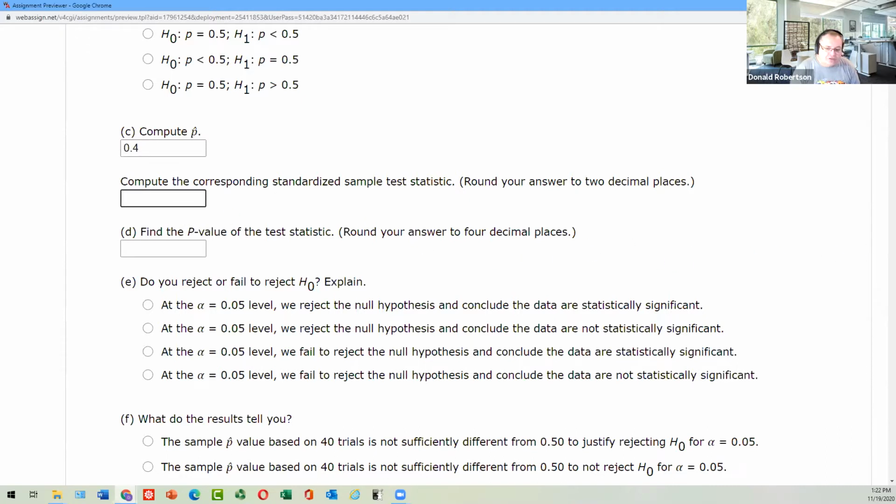That is them asking you for the Z score. So there you type in negative 1.2. What did they want it to? 2 decimal places. So 1.27. Find the p-value to 4 decimal places, 0.0205.